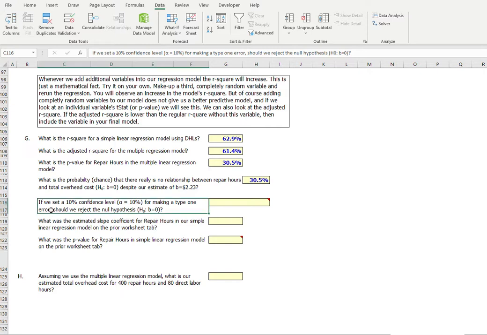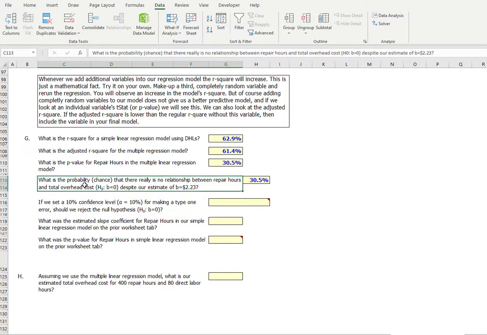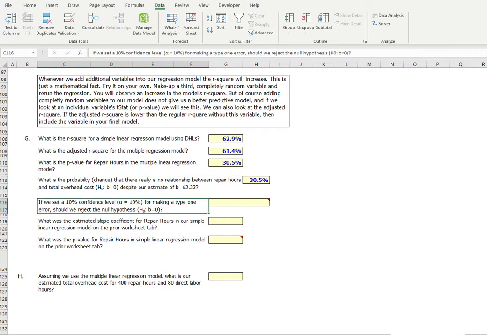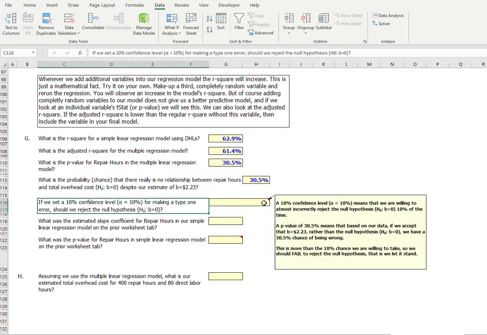And the question is, if we set a 10% confidence level, in other words, an alpha of 10% for making a type 1 error, should we reject the null hypothesis that the true slope coefficient is 0, that it's not our estimate of 2.23, but rather it's 0? What exactly are we talking about? A 10% confidence interval, recall, means that we are at most willing to incorrectly reject the null hypothesis 10% of the time.